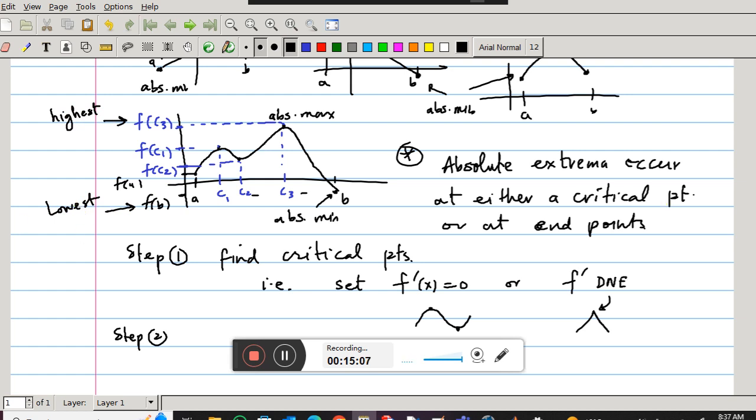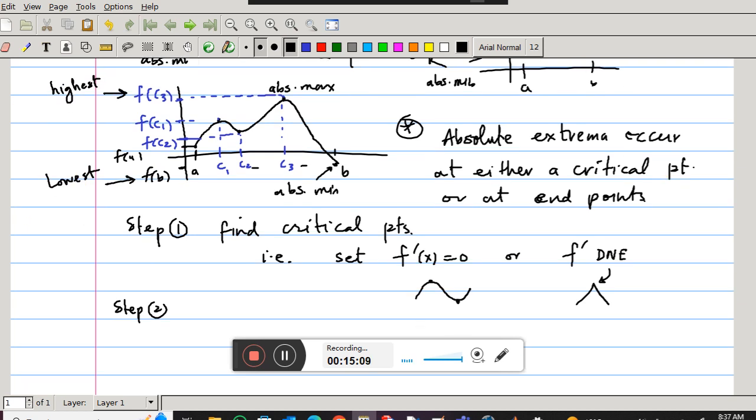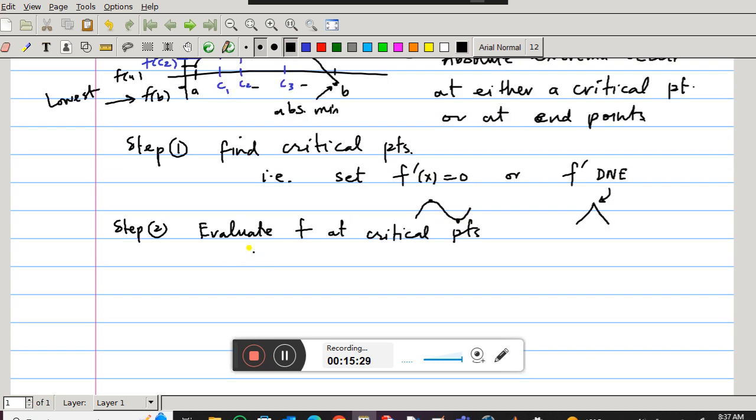So it means I don't have to check whether my function is increasing, decreasing, or whatever it is doing. What I can do is just evaluate f at the critical points C1, C2, C3, like I did here. I will evaluate these blue ones, and then I will evaluate f at the endpoints.